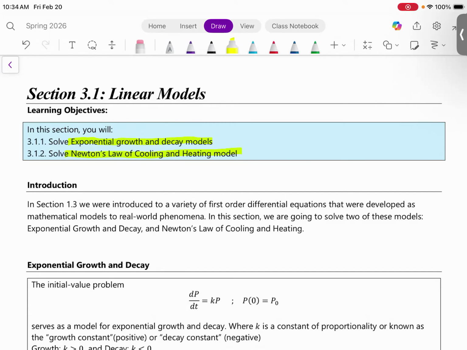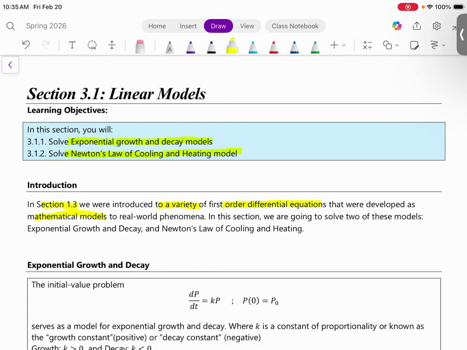So this is bringing us back to section 1.3. In section 1.3, we learned a variety of first order differential equations that were used for mathematical models. So we were given a couple situations and we were able to develop differential equations to make them mathematical models.